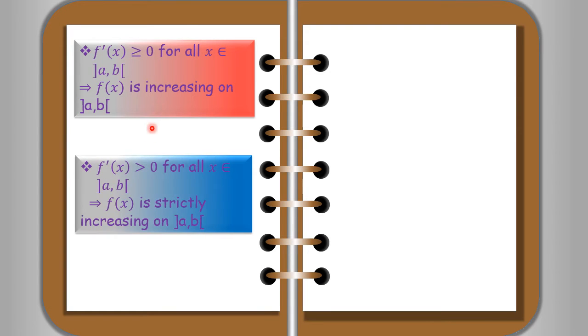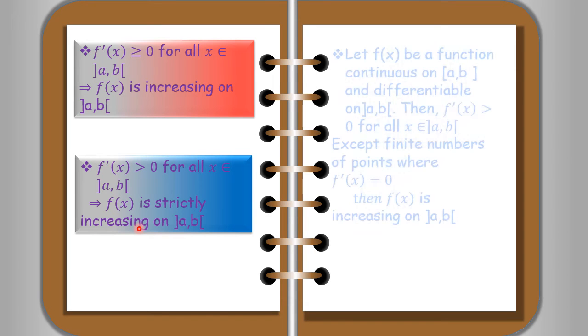And if it is only greater than 0, it is strictly increasing. That is, if it is greater than or equal to 0, it is just an increasing function, and if it is greater than 0 only, that is a strictly increasing function.